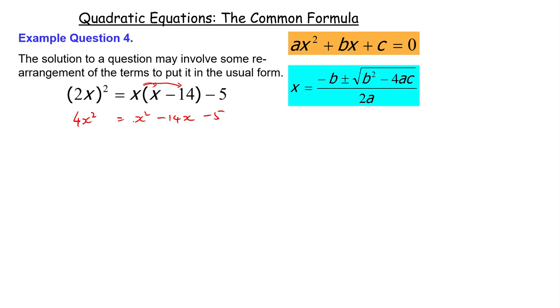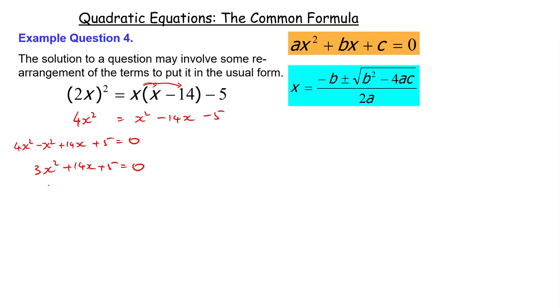Well, 4x squared is bigger than the 1x squared, so move everything to the left hand side, giving us 4x squared minus x squared plus 14x plus 5, which is equal to 0. And simplifying those gives us 3x squared plus 14x plus 5 equals 0. What I'm trying to do here is keep my equal signs in a line. That's why I've shifted everything along a bit.